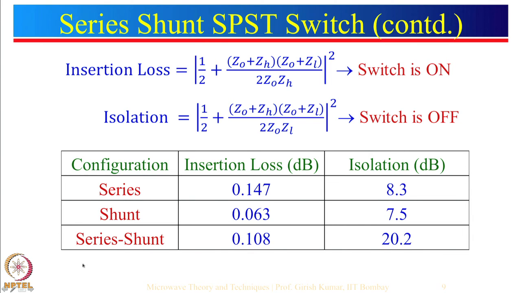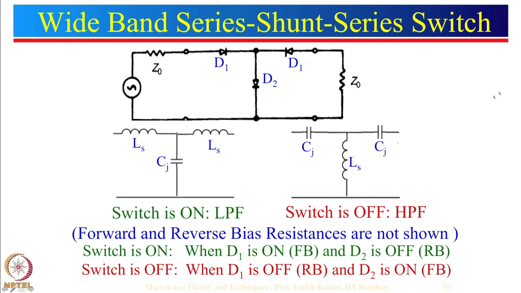In fact, there is only one problem with this series shunt configuration, that is it is not symmetrical with respect to input and output. So, instead of just using series shunt, here is a switch which consists of series, shunt, series diodes. Let us see how this particular switch works. For the switch to be on, D1 should be forward biased, D2 should be reverse biased.